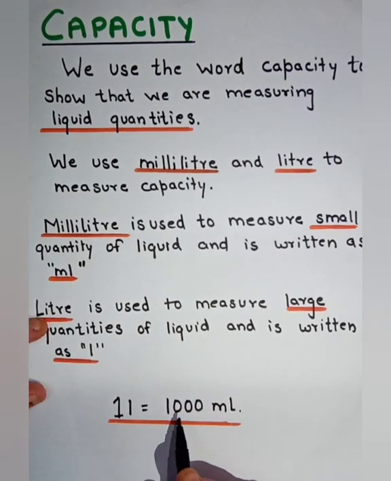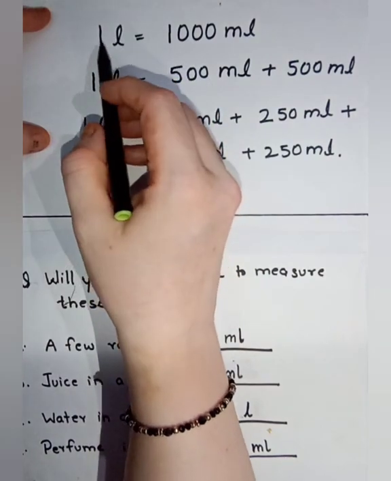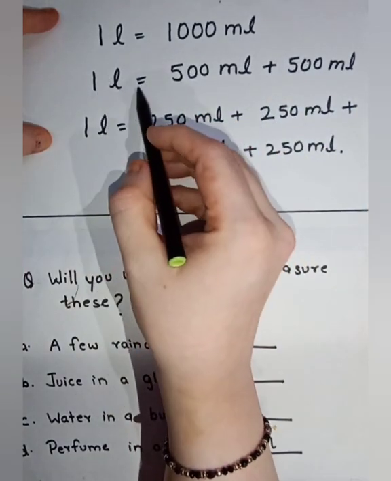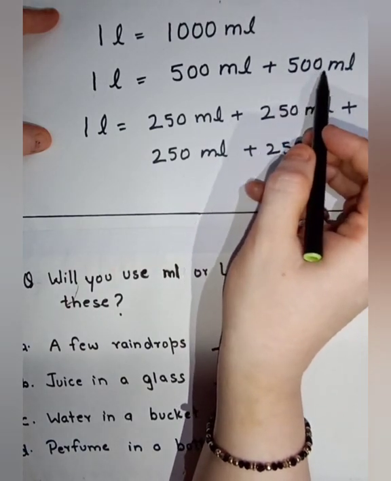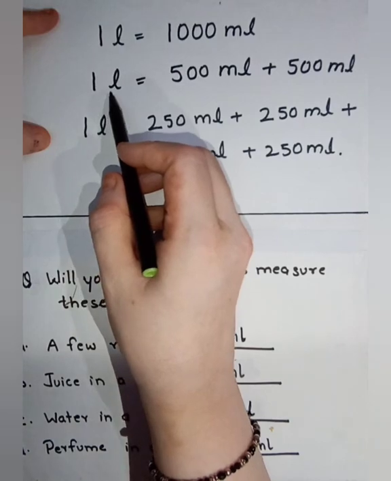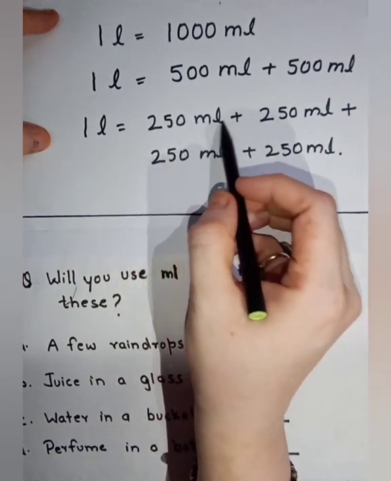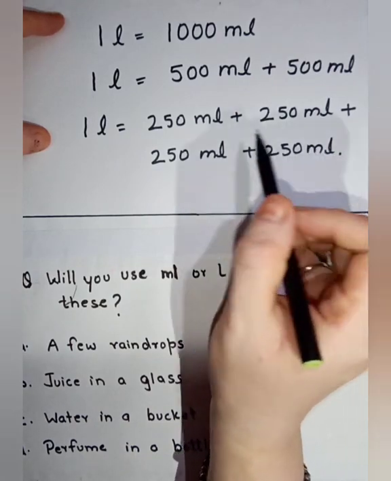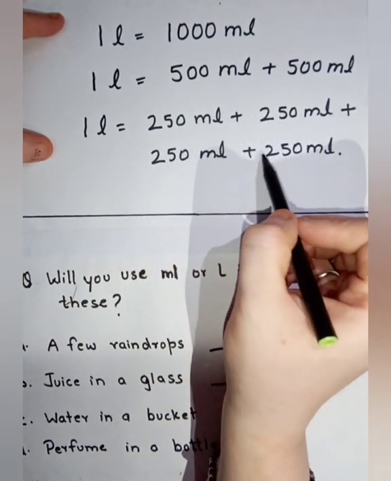1 liter is equal to 1000 milliliters. Students, you know that 1 liter is equal to 1000 milliliters. 1 liter is equal to 500 milliliters plus 500 milliliters. 1 liter is also equal to 250 milliliters plus 250 milliliters plus 250 milliliters plus 250 milliliters.